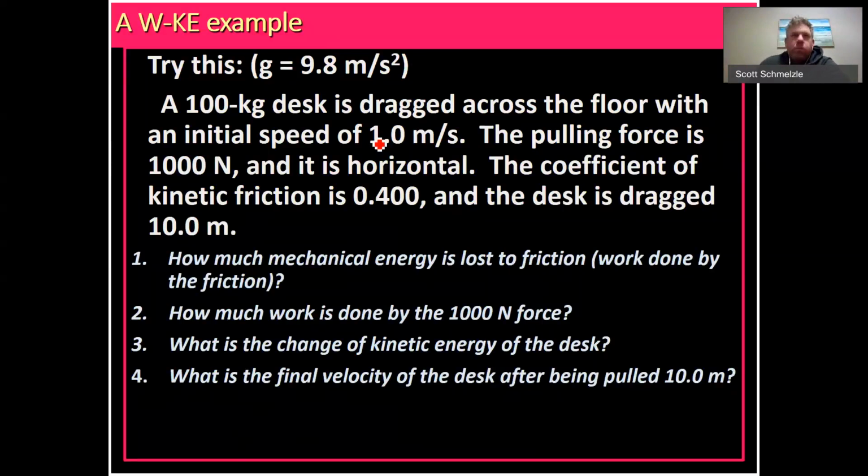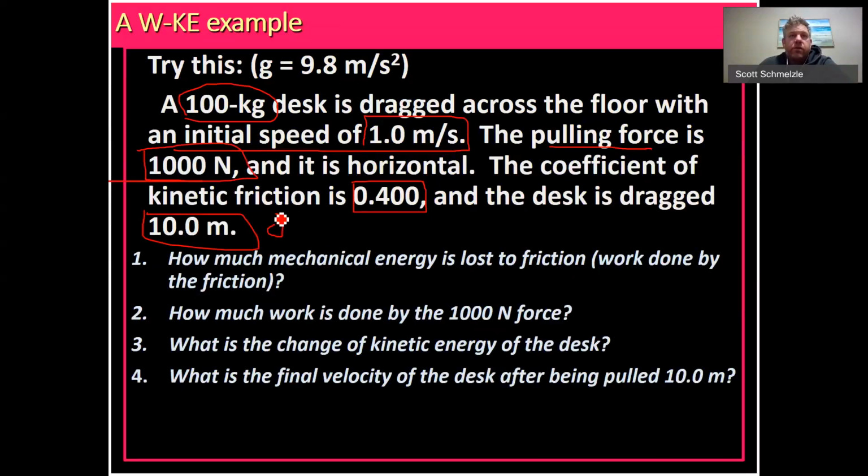So when we look at all this information, what we see is we've got the mass of a desk, dragged with an initial speed of 1 meter per second. The pulling force is 1,000 newtons, and the coefficient of kinetic friction is 0.4. The desk is dragged this far.